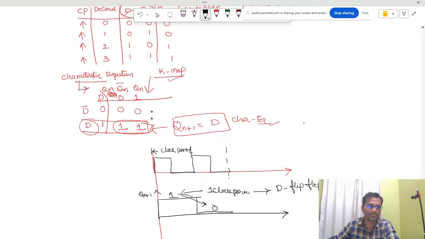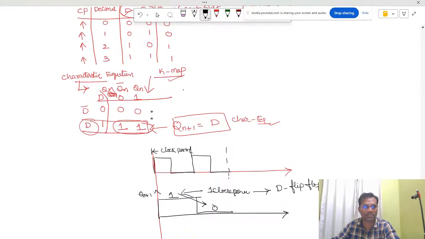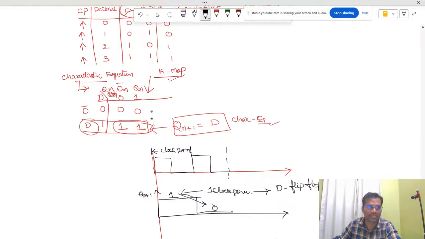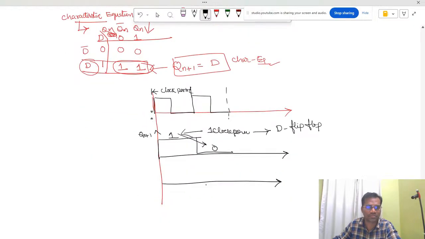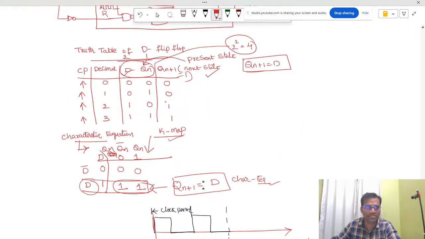Here, if you want to draw it, you can take the input as D. If D is 0, Qn plus 1 is also 0. If D is positive and Q is also positive, this is nothing but the value of D. If D is 0 and Qn plus 1 is also 0, and if D is 1, you are also going to get the same.